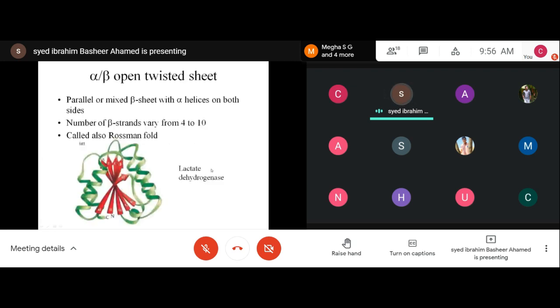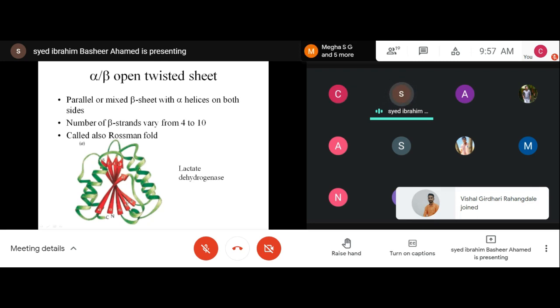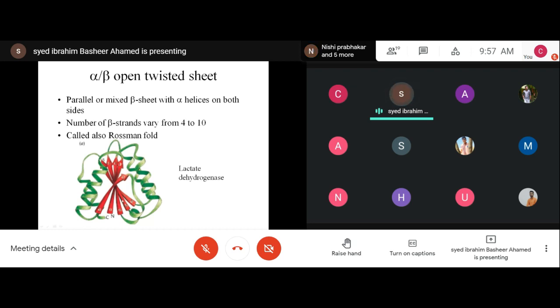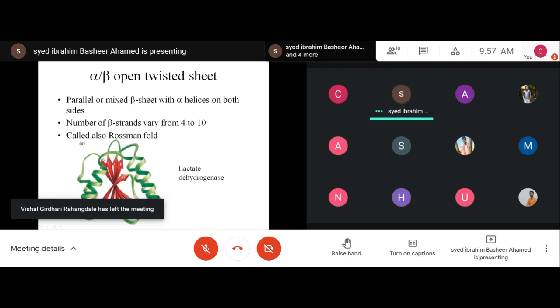Then we have the Rossmann fold, the third kind of alpha beta structure. Here you can see it's entirely different from the TIM barrel as well as the horseshoe protein. Here the beta strands are surrounded by the alpha helices. The beta strands form a sheet kind of structure, and this sheet may be flat or twisted.